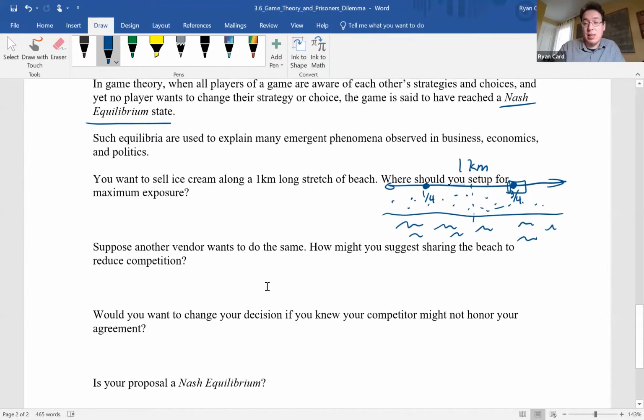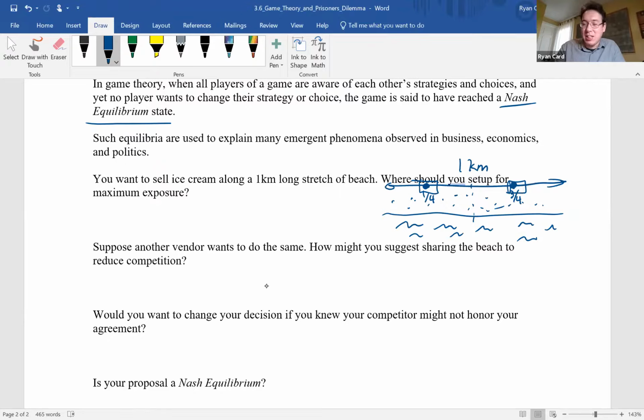If you are playing nice, maybe you'll stay at one quarter, and let's say you tell your competitor that you'll build your ice cream vendor there, are they encouraged to change their mind about where they are, and by moving, can they benefit more? And you might realize that moving your store closer to the center, no matter where the other person is, will give you a little bit more business for yourself.